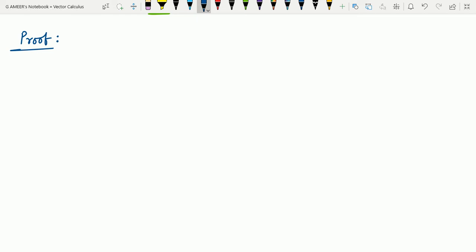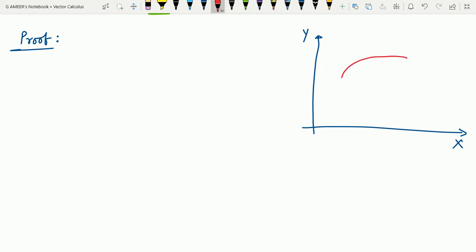Let's say I am drawing an XY plane here. This is the y axis and this is the x axis. So let us take some region. This is the curve, the red color will indicate the curve, which is bounded by some region S.